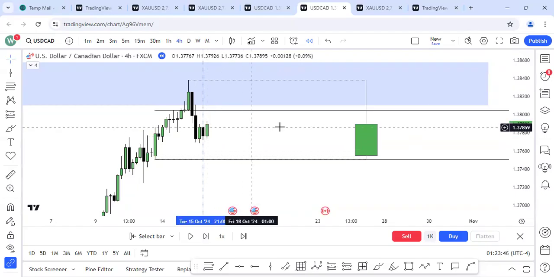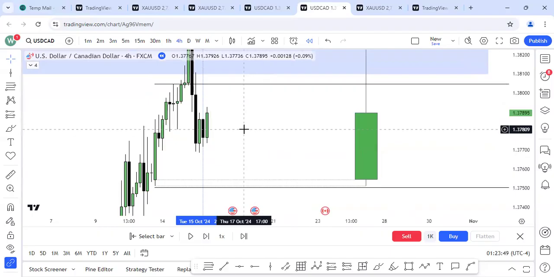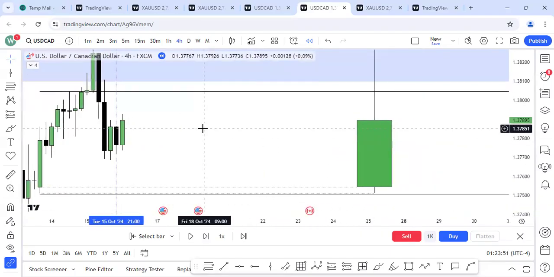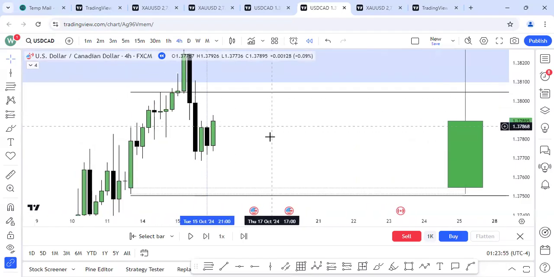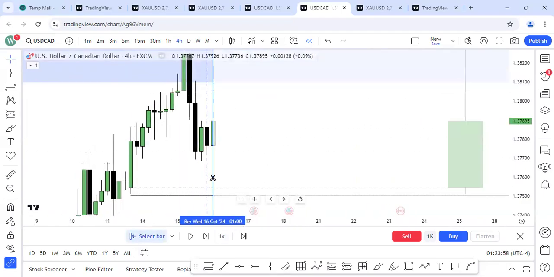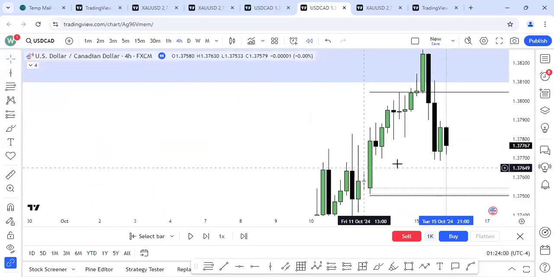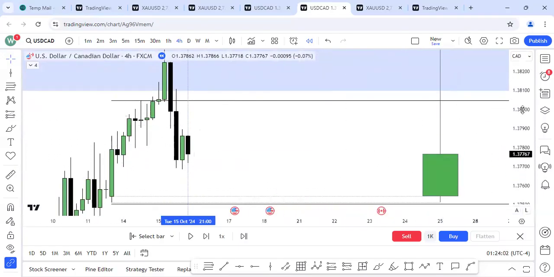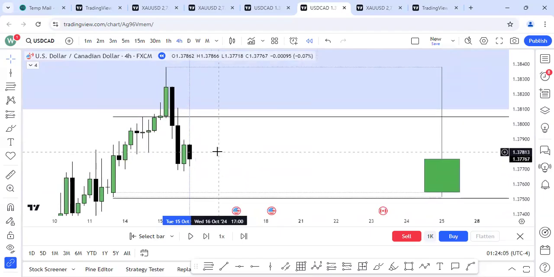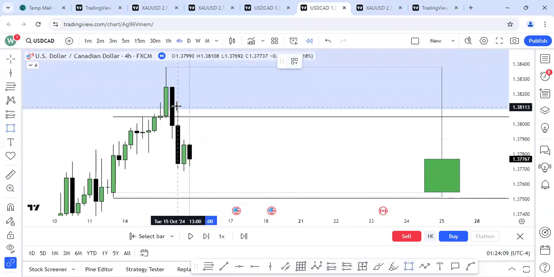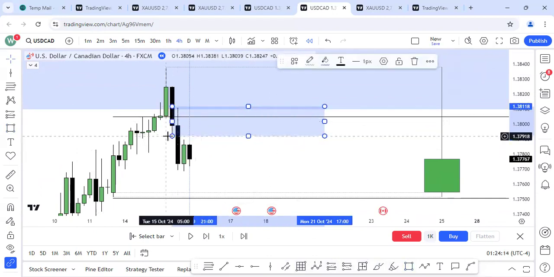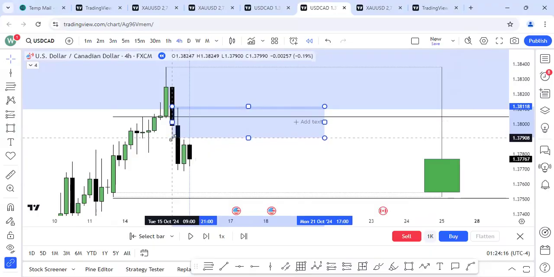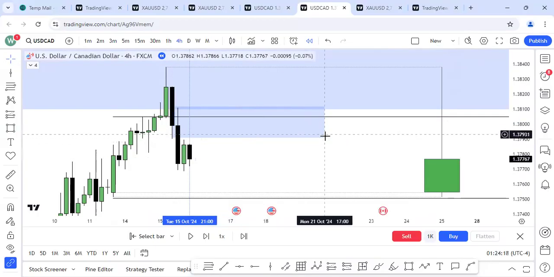Now here we have, on the 4 hour, before this candle here, this volume imbalance right here on the 4 hour time frame.